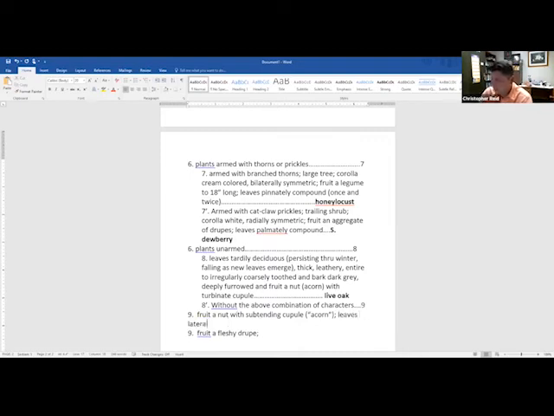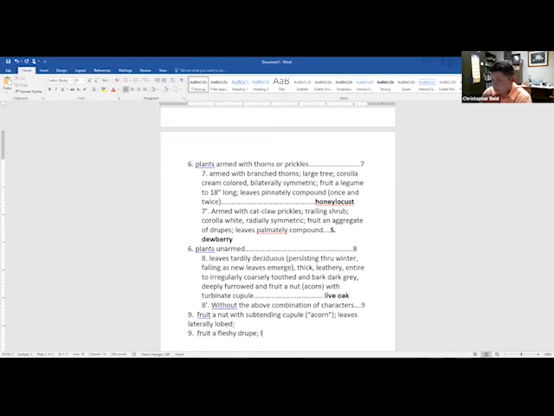Leaves laterally lobed. The lobes at least one third the length. Let's just say laterally lobed. I was going to try and get all quantitative, but laterally lobed.